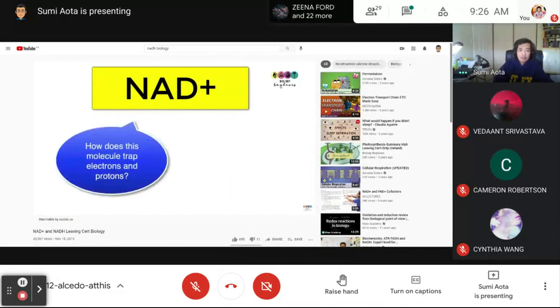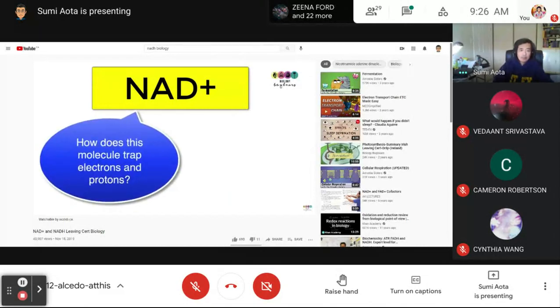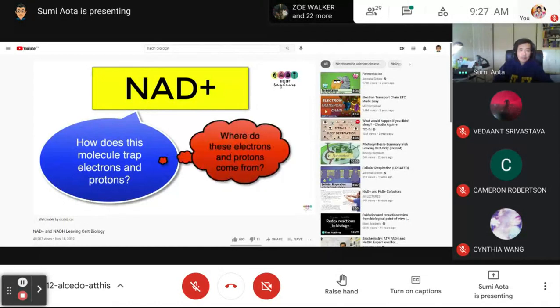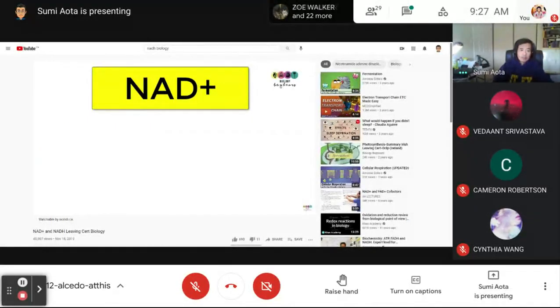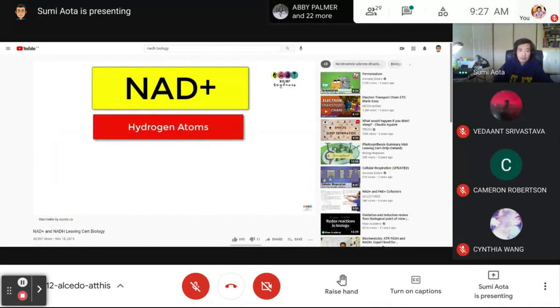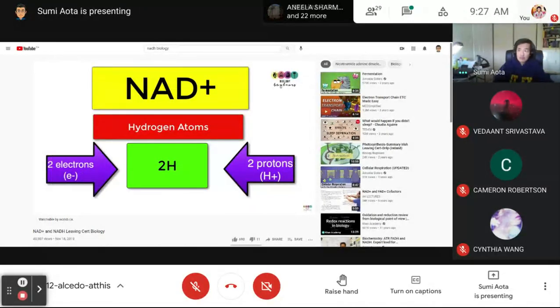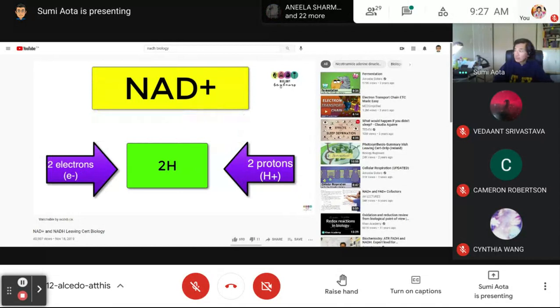It's really important that you know how NAD+ traps the electrons and protons, and where indeed these electrons and protons are coming from. Well, firstly, the electrons and the protons are coming from hydrogen atoms, pairs of hydrogen atoms, and so whenever we consider NAD+ in cellular respiration, we always consider electrons and protons coming from pairs of hydrogen atoms.